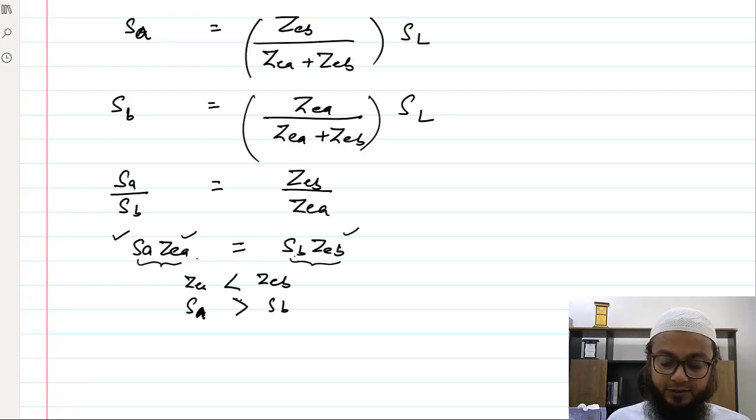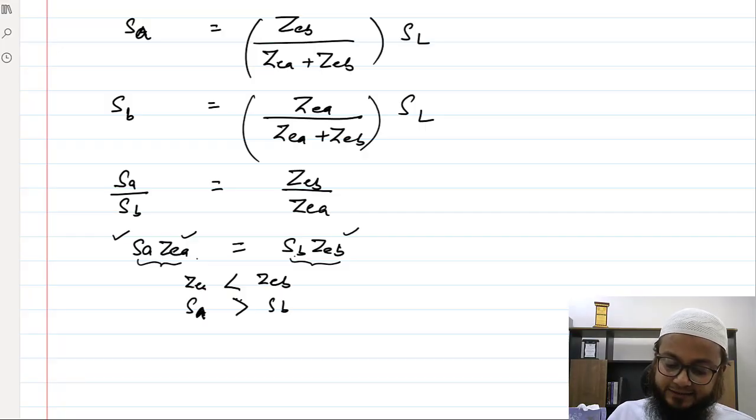If the leakage impedance of transformer A is smaller than that of transformer B, and you write these impedances in per unit, let's see what we get.